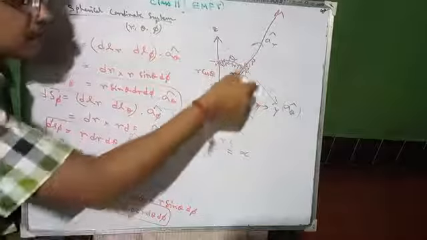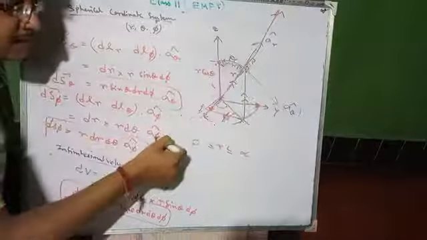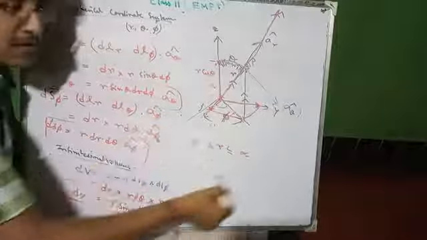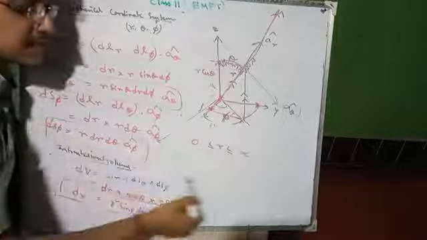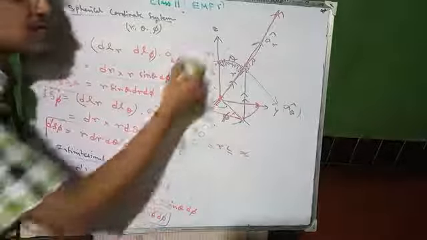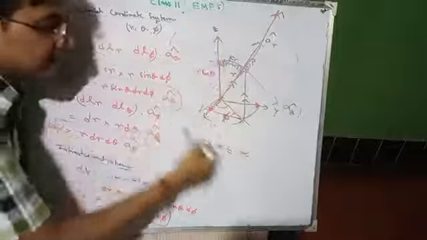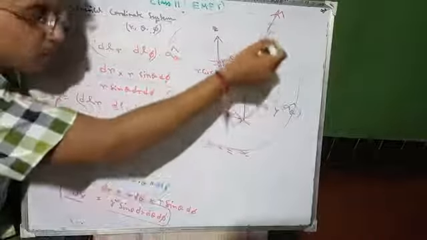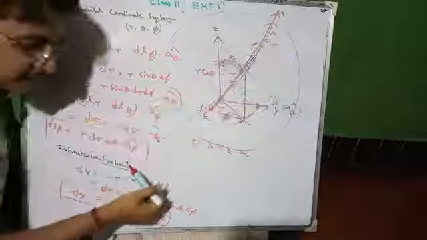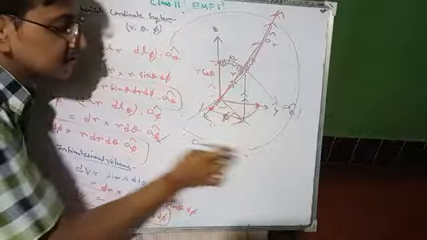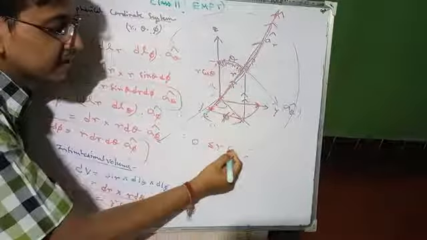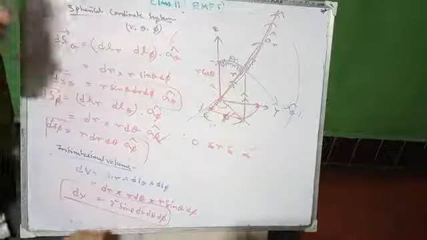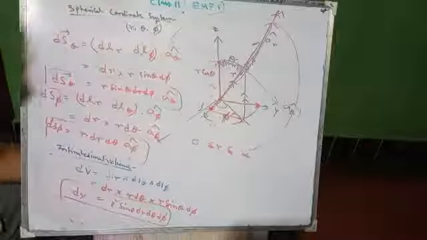Because if we took r in the negative, then the same sphere would be formed. The complete sphere can be formed by taking a common r irrespective of the direction. That's why r cannot take any negative value. So r will have the value 0 to infinity.